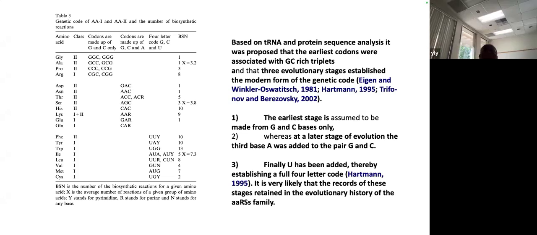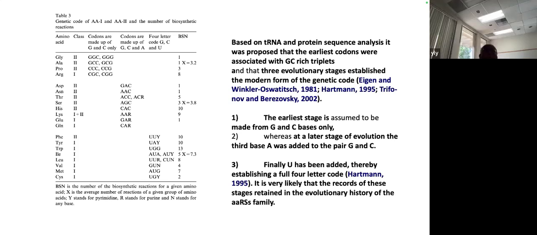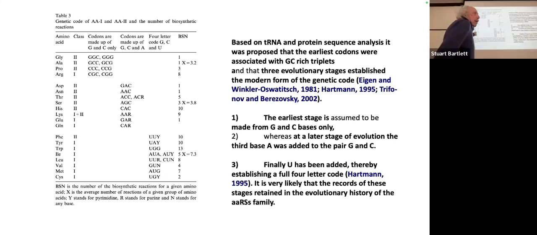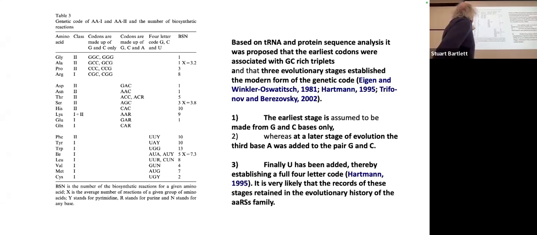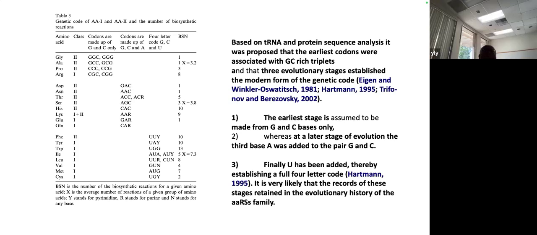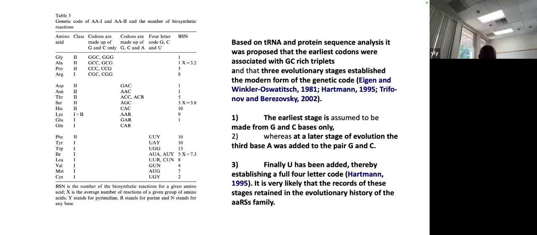And then there's class 2, which is dominating both the GC code and the GCA code. The reason it's not completely dominant is that glutamic acid, glutamine, and lysine are the only ones in the GCA code. This is the GC code, the GCA code, and the GCAU code.